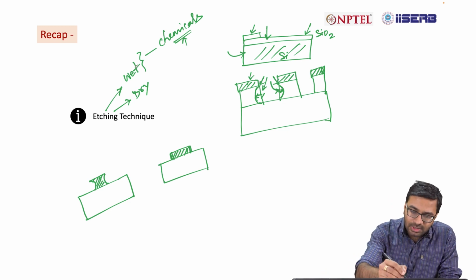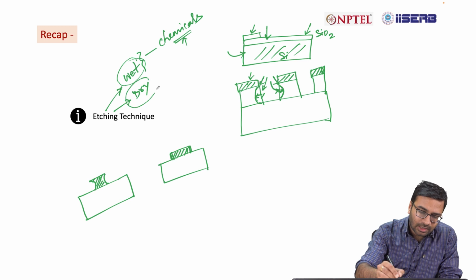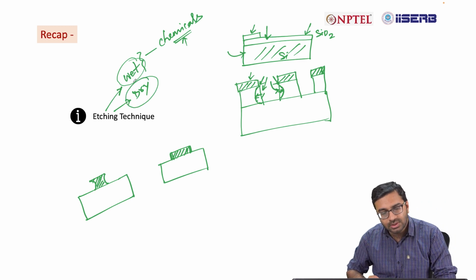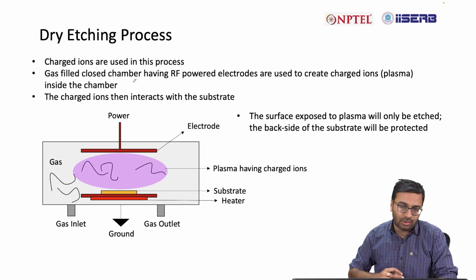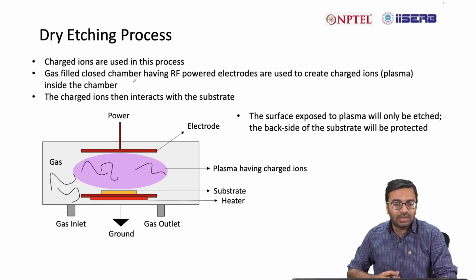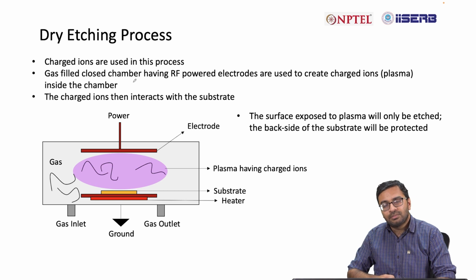Now, similar to wet etching, we also have an etching process which is known as the dry etching process. In case of the dry etching process, we use charged ions to etch out materials.